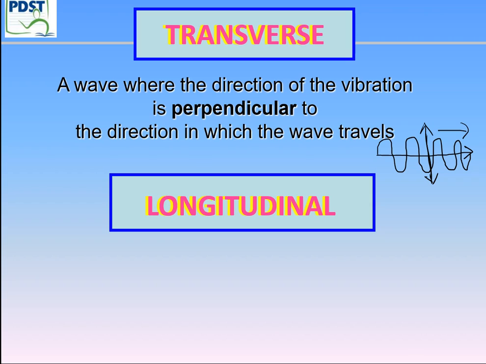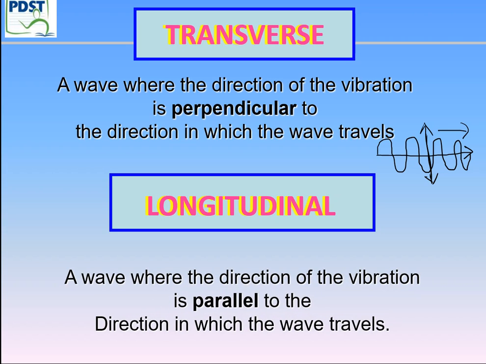Then we have longitudinal wave. Now this wave, both the wave and the vibrations are in the same direction. So here, a wave where the direction of vibration is parallel to the direction in which the wave travels. An example is sound waves, waves that have rarefactions and compressions. So they will take the same direction as the vibrations.